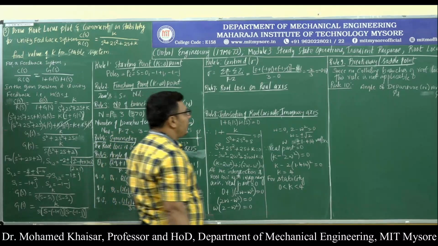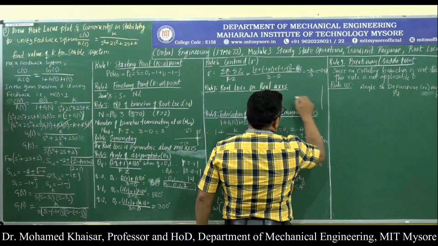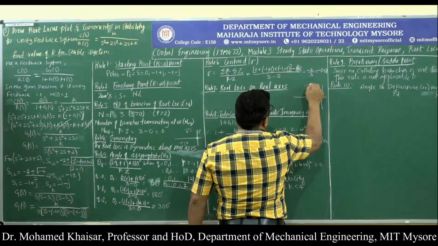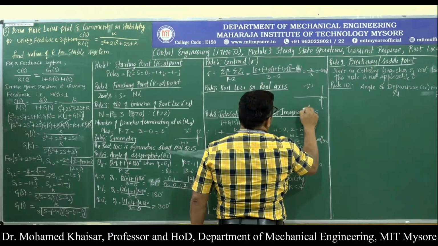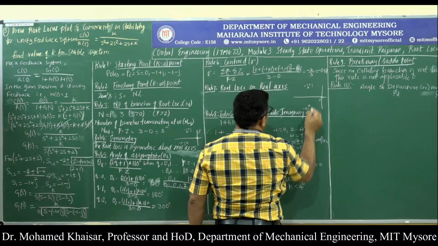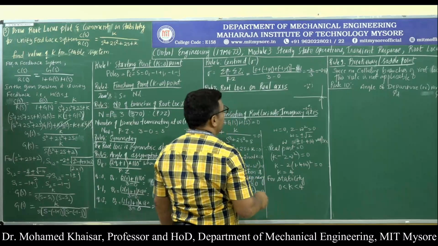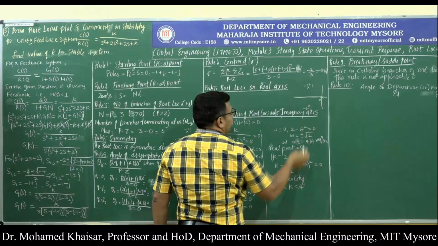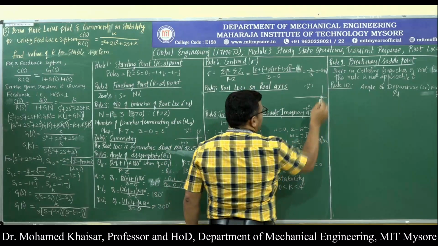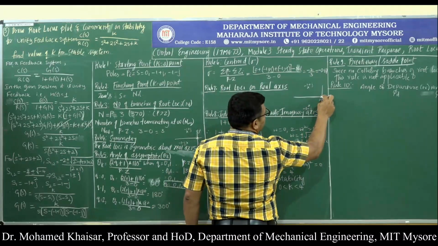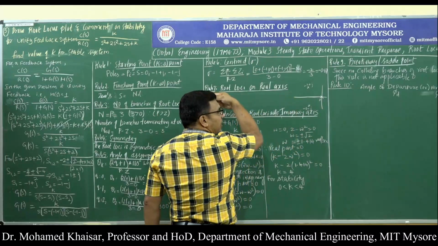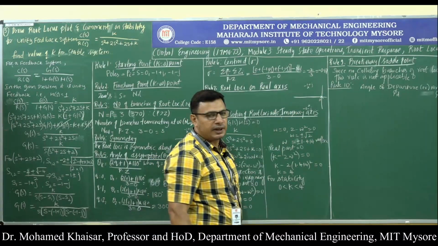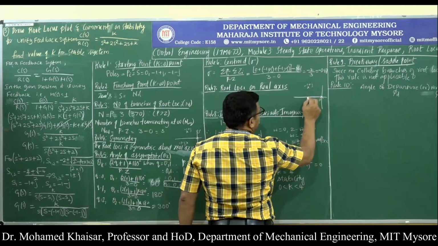Then root loci on real axis. If you just see here, S plane, there is a pole at 0, there is a pole at minus 1 plus j, there is a pole at minus 1 minus j. Then what we can say is, one asymptotic straight line is along 180 degree, and since there are no other poles or zeros, and the asymptotic straight line is going along 180 degree, that means towards the negative real axis, and there is nothing in between.